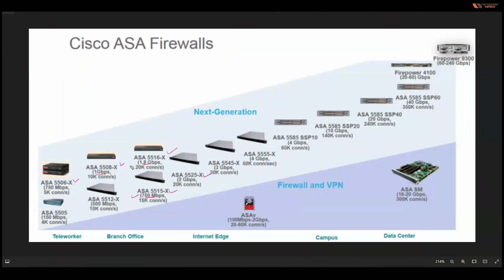It depends on the customer requirement, what exactly your customer requires. If you're requiring a large deployment, you will go for the X series, with a higher throughput or higher number of connections per second. See, this one has 50K connections per second, and this 65K connections per second.